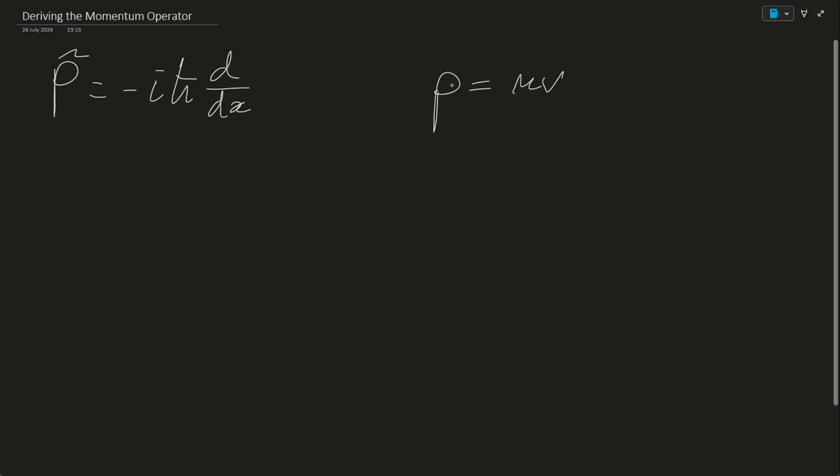So suddenly there's no mass, there's an imaginary unit, and then there's the space derivative, not a time derivative. What's going on? I'm scared, a little QM student who doesn't know anything.